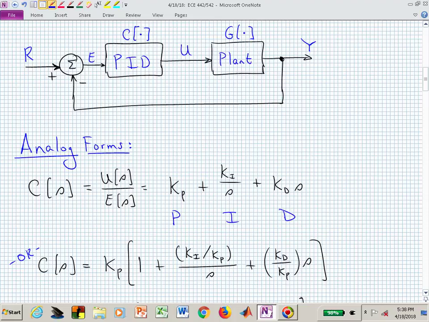You can factor out the gain from all 3 terms, and you now have the gain factored out, and the integral term has as its gain k sub I over k sub p, and the gain on the derivative term is now k sub d over k sub p.